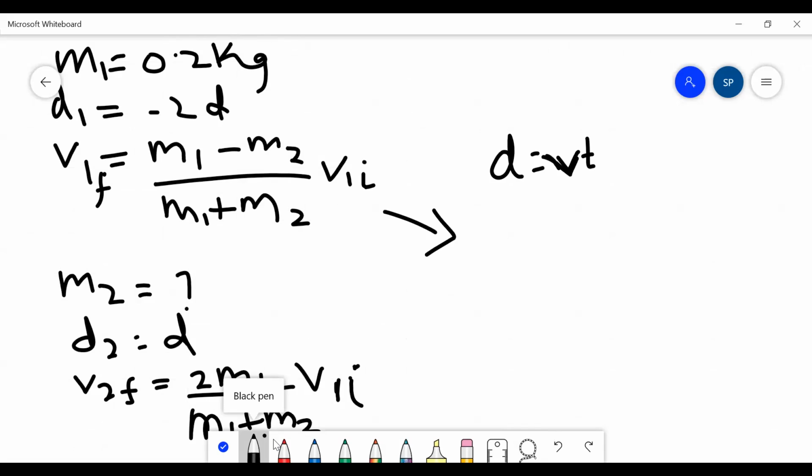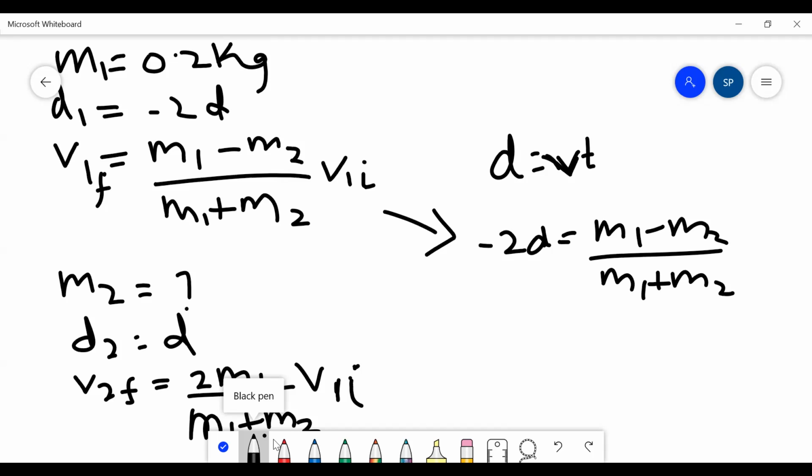So for mass one, this entire equation will be minus 2d is equal to m1 minus m2 by m1 plus m2, times v1i times t. Correct. Very good.